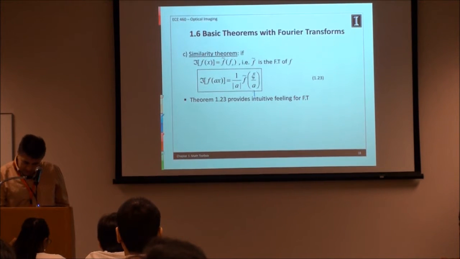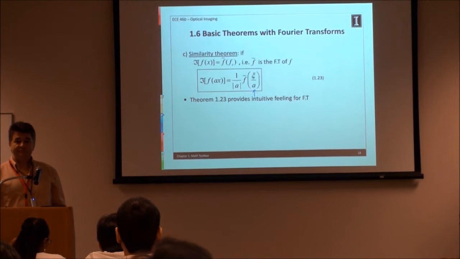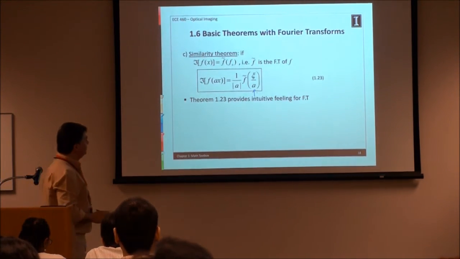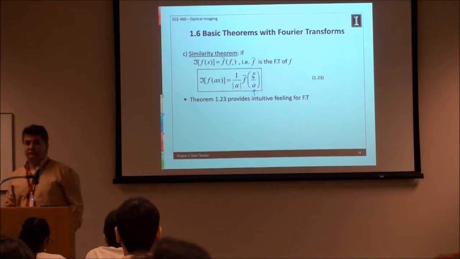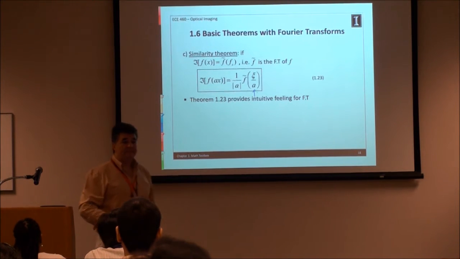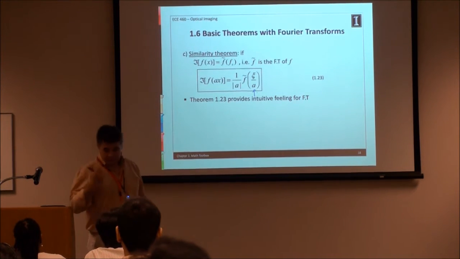The Fourier transform gets scaled the other way around. Okay? And I'm sure some of you have seen this, most of you. But can you tell me physically what that means? Or give me an example where this is important. Narrow the slit, broaden the diffraction.